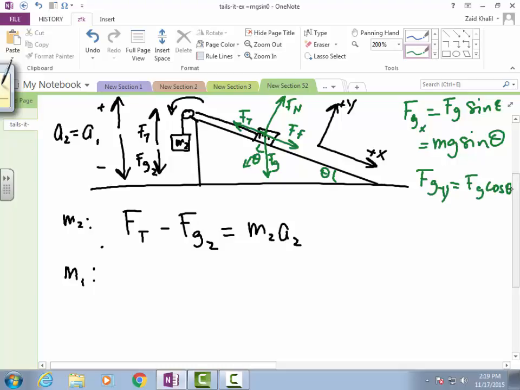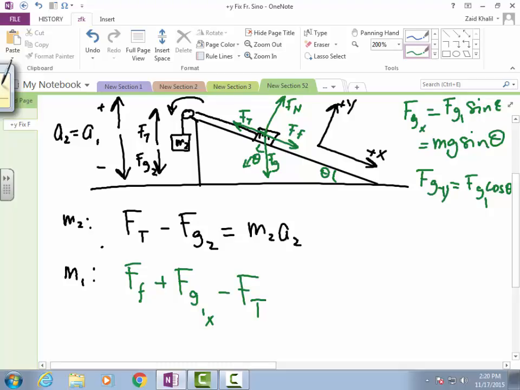And so now for M1, what do we have? We have Ff is going down. We have Fgx is going down, and that's actually Fg1x. And we have Ft is going up, so it's minus Ft. Are there any others?